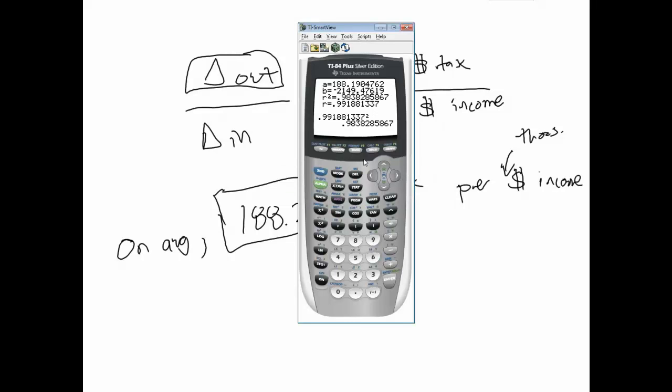Let's go back to our calculator real quick. We probably should have done this before we started talking about the data, but we knew that the R squared was pretty darn good, about 98%. Now when we look at the graph, with income along the horizontal and taxes paid along the vertical, we do notice that the data points are really nicely compact around this line, so we would expect this to be pretty close to a 100% fit.